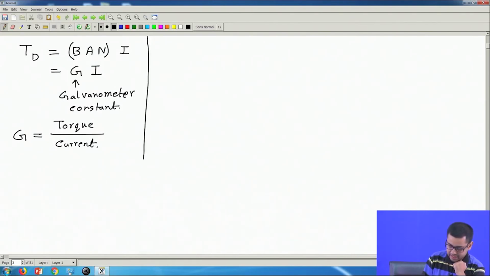Then we have seen that the controlling torque, which is nothing but the spring torque Tc, is given as k theta.